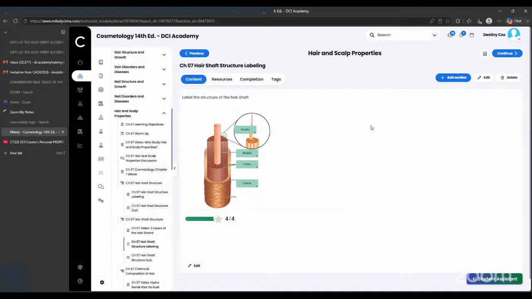All right, so we have the keratin, the medulla, the cortex, and the cuticle.